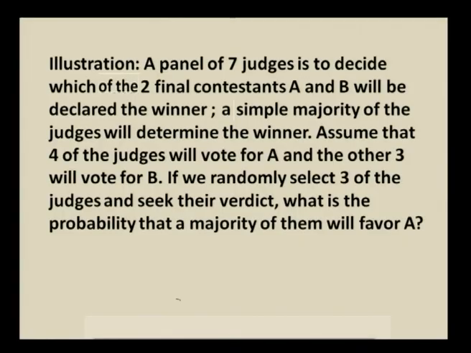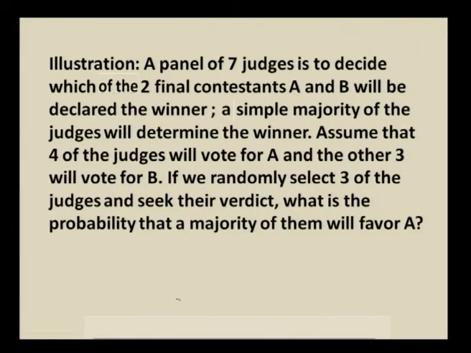When more judges give a particular person positive marks, that person will win. Assume that 4 of the judges will vote for A and 3 will vote for B. We have to stick to either A as the k value or B as the k value. So, we will stick to A.